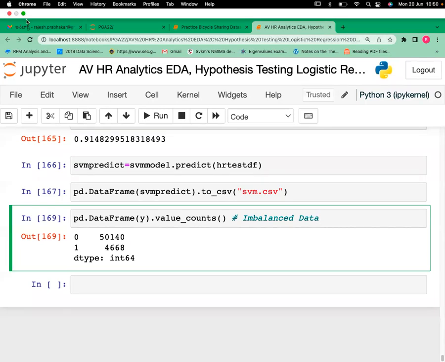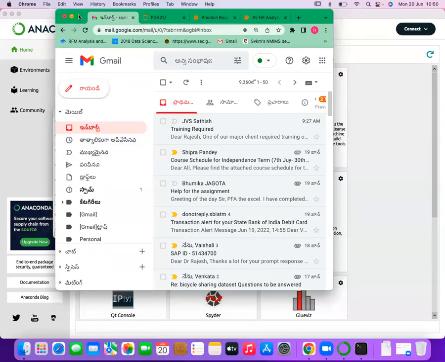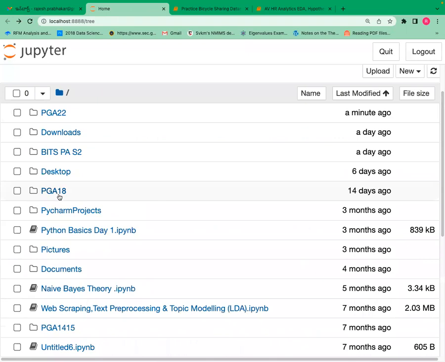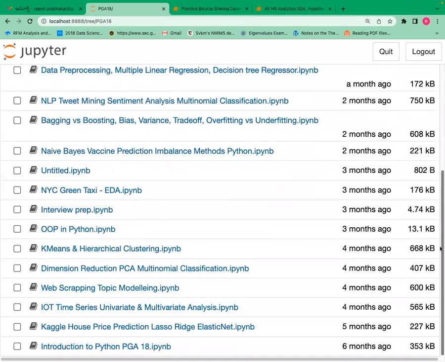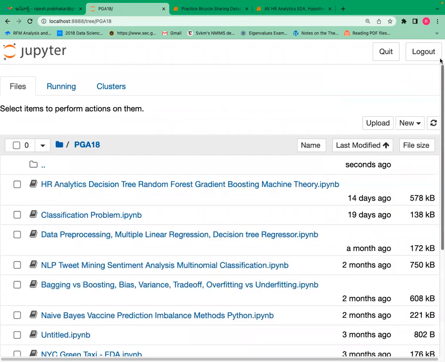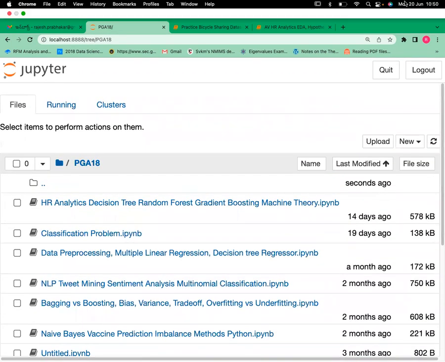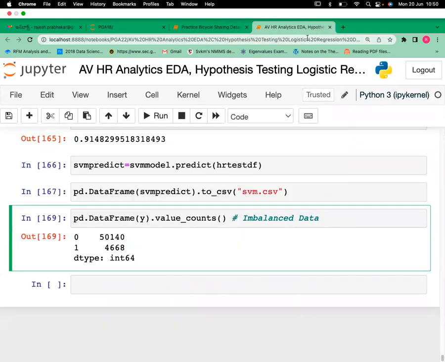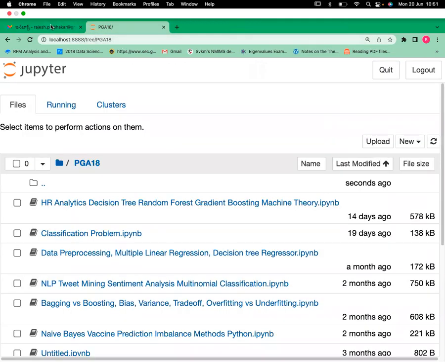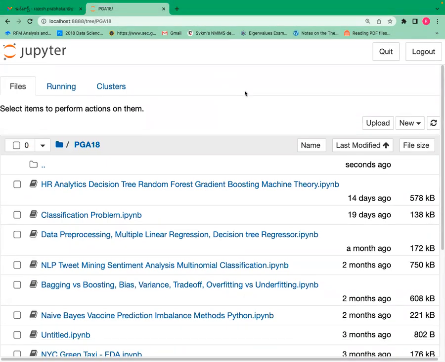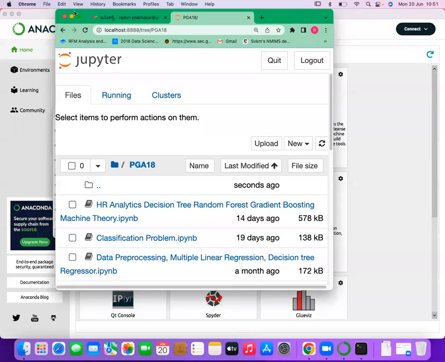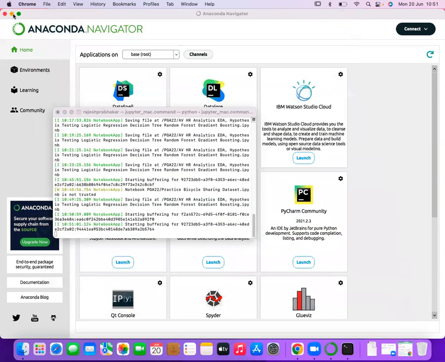So in LMS, you don't have any other data sets? Just check your data sets in LMS. Something you have to do now.